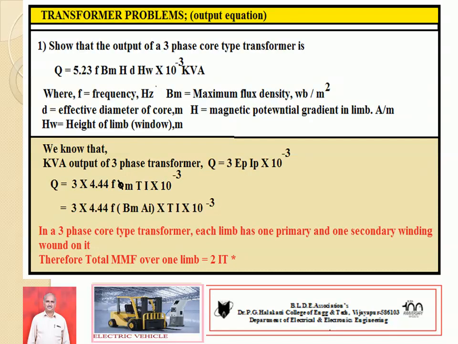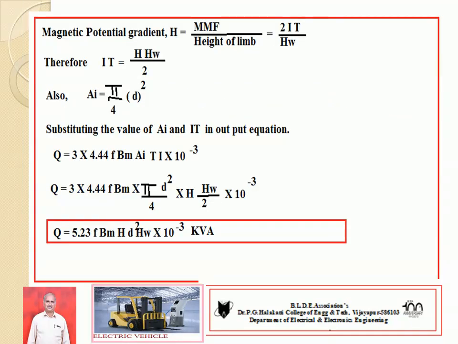In a three-phase core type transformer, each limb consists of one primary and one secondary winding. Therefore, the total MMF on one limb is 2 times IT, 2 times the ampere turns. H is known as the magnetic potential gradient.